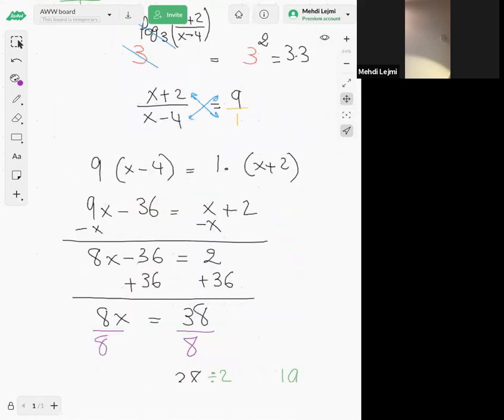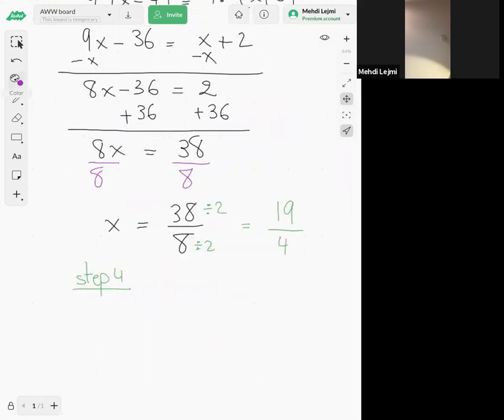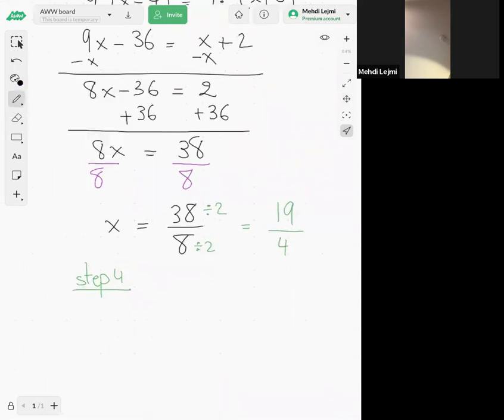So x plus 2 and x minus 4, both, they must be positive. So what's my x? What's my solution?